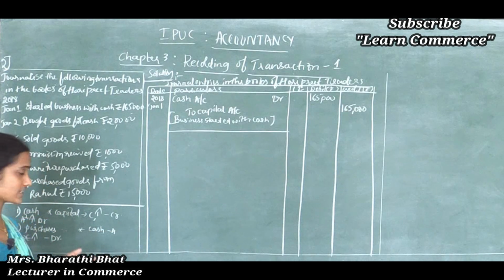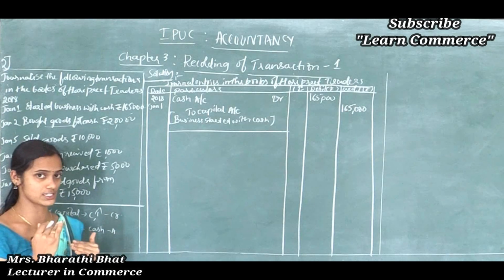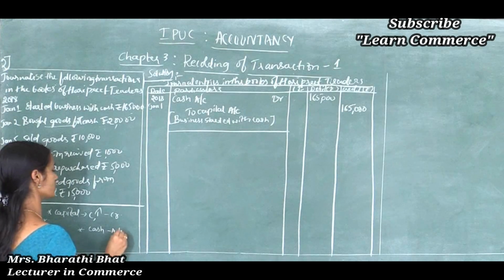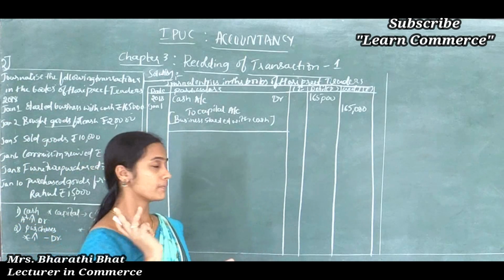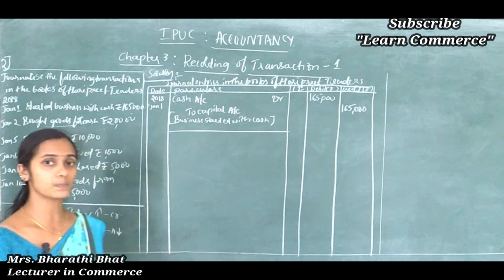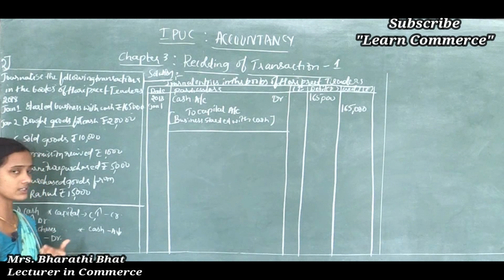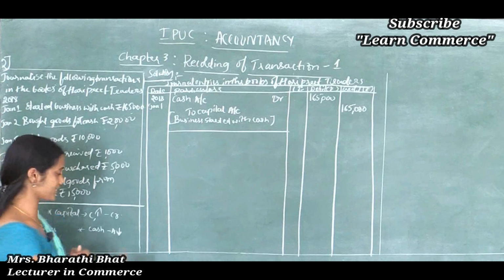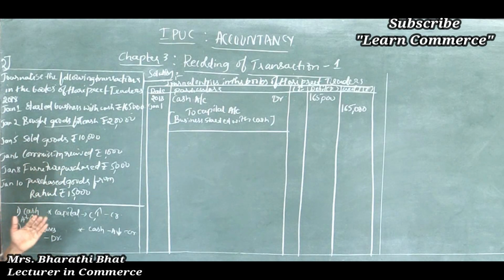Afterwards, analyze whether it shows increased value or decreased value. Here cash shows decreased value, because to purchase some goods the business owner has to pay cash, so it shows reduced value. So the next application of the rule: decrease in asset is to be credited.